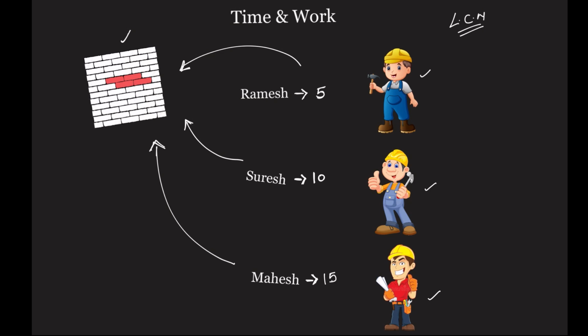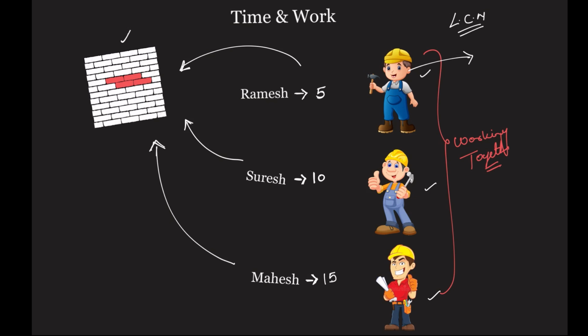Now the question that is being asked to me is: all three are working together, which means Ramesh, Suresh and Mahesh, all three are working together. So the question here is how many days will be required to make this wall if all three are working together? Now I don't know maths, but I know logic. And what does my logic say?